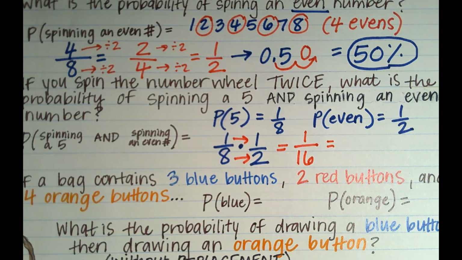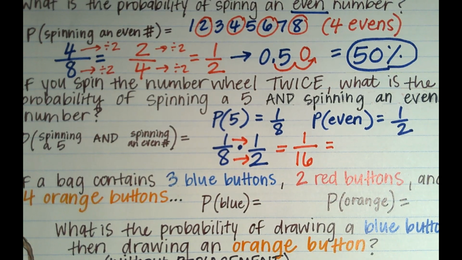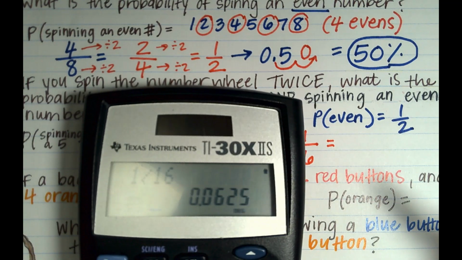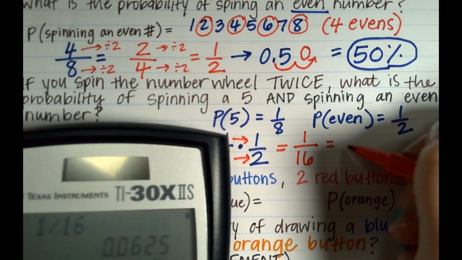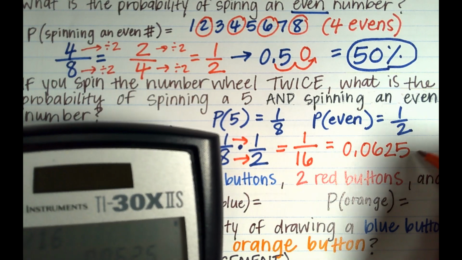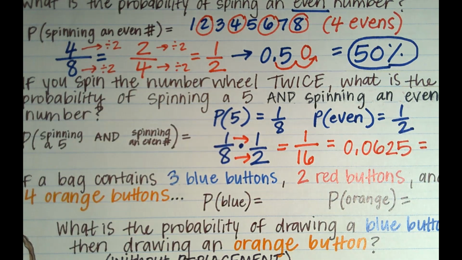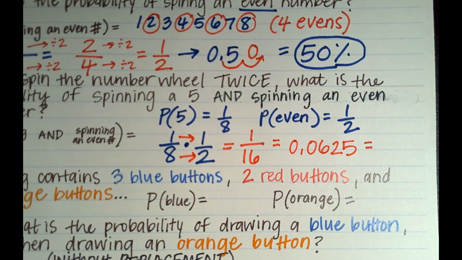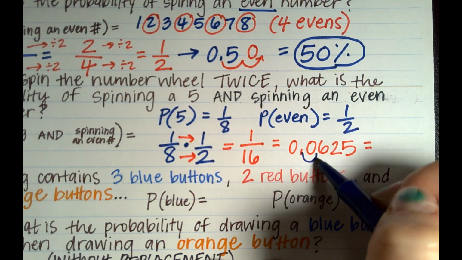What would my decimal be? 0.0625. Perfect. 0.0625. And my percentage? 6.25%. Perfect. I'll move it 2 spaces.